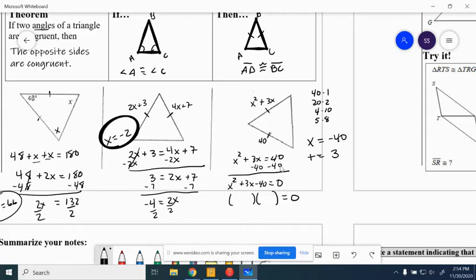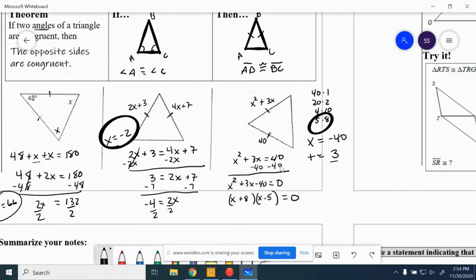And I think that's the one we're going to go with, 5 and 8, right? Because if we have a positive 8 and a negative 5, that would add up to 3 and also multiply to negative 40. So we're going to have x plus 8 and x minus 5.